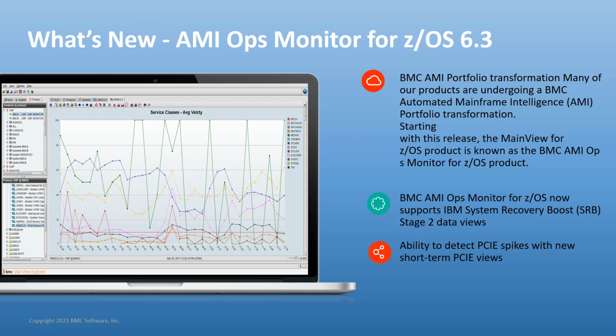All right, in the AMI Ops Monitor for z/OS 6.3, it now supports IBM System Recovery Boost, the SRB Stage 2 data, and those views can now be obtained through the monitor. They detect the PCIe spikes. Those can be viewed like normal views now as part of the product operations monitor product for the encryption.